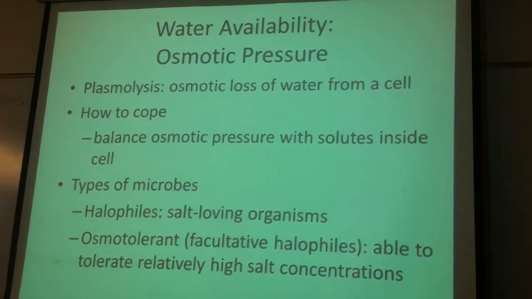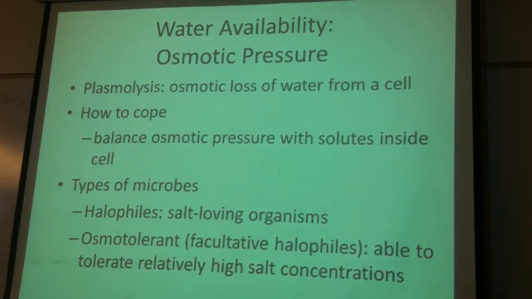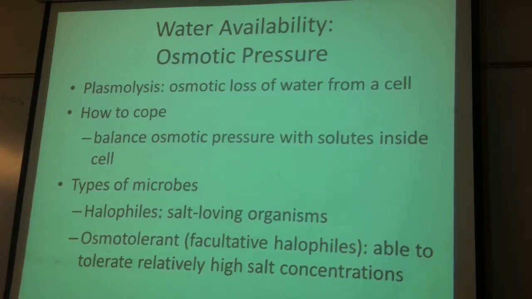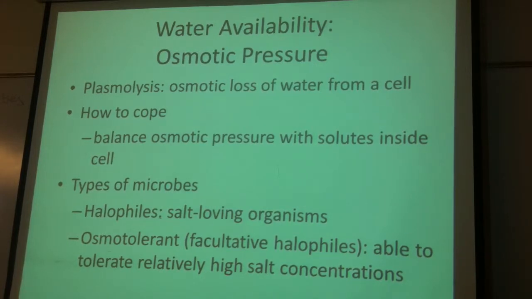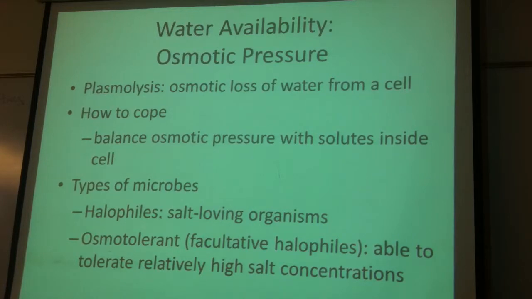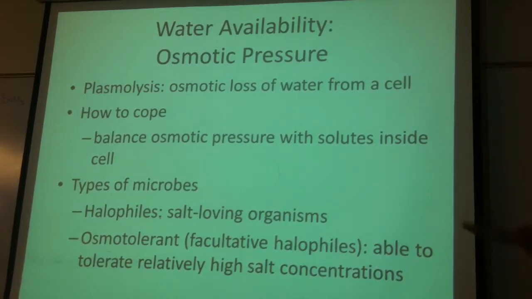So you can have halophiles, salt-loving organisms, and osmotolerant, which are facilitated halophiles. Anytime you're seeing facilitated, it means they're able to tolerate it. Also, you can have barophiles, which means they can range in extreme pressure, so they can be underneath in the ocean at different levels, because different depths in the ocean give you different water pressures.